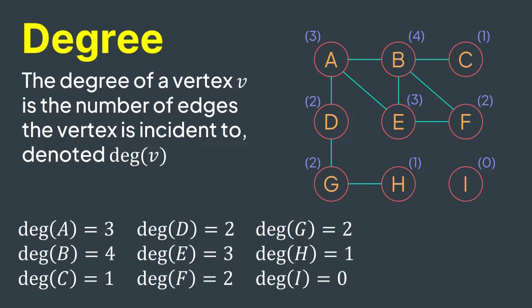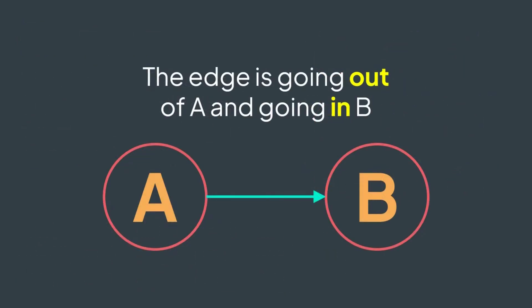For an undirected graph, a vertex is incident to all the edges in the same way. There is no need for further definitions. But in a directed graph, the edge it has an incidence with can be going out of the vertex or going in the vertex.